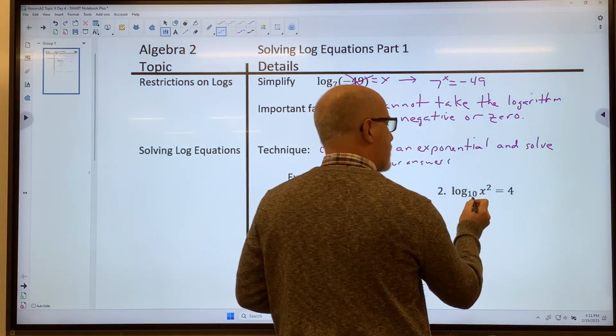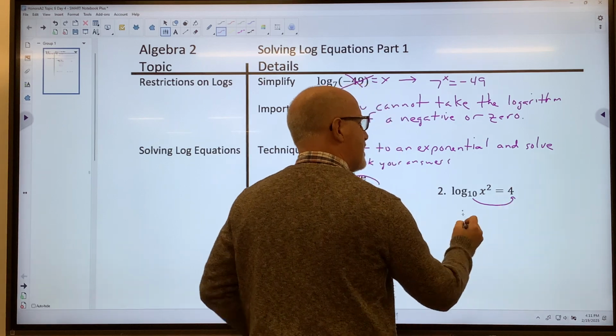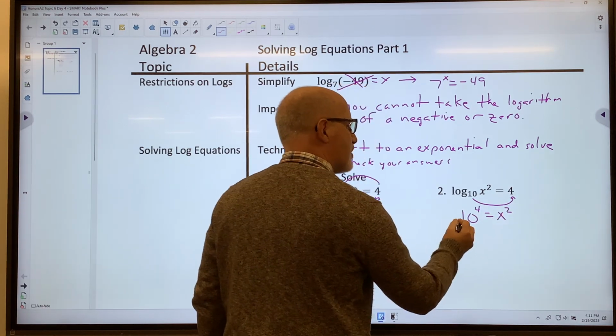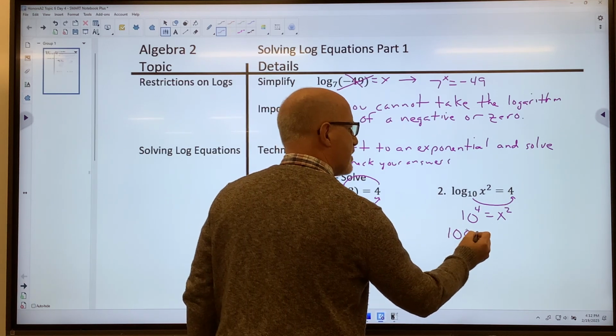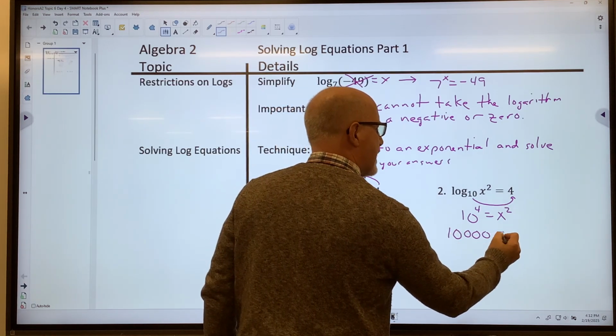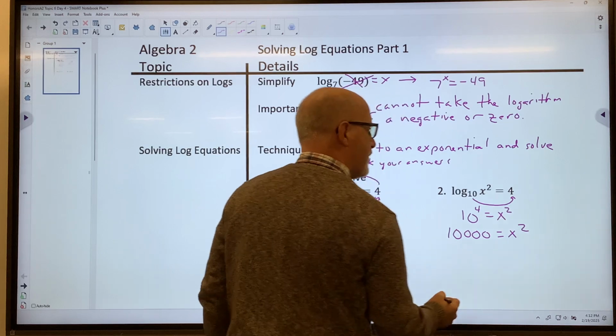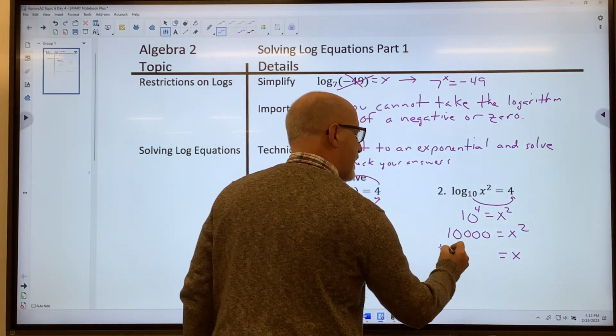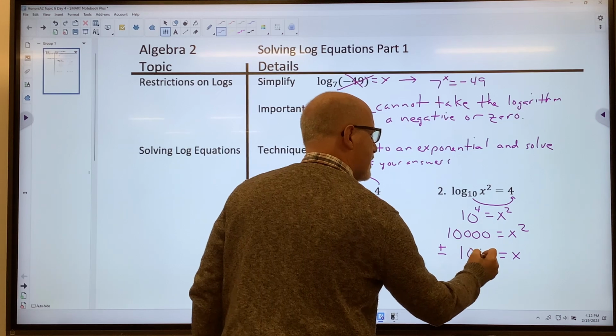All right, let's go to this one. This one we're going to do our circle tool as well. So 10 to the 4th power equals x squared. And so 10 to the 4th equals 10,000. And if you take the square root of that, you get plus or minus 100.